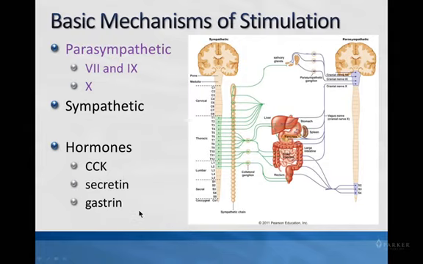You've heard of at least cholecystokinin and gastrin before. Gastrin is a hormone made both by the stomach as well as the intestine. Cholecystokinin, we had mentioned, is made by the intestine. Secretin is also made by the intestine. And when we look at control of secretions, we'll be discussing the role of cholecystokinin, secretin, and gastrin.